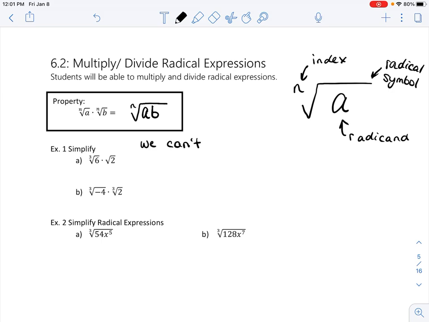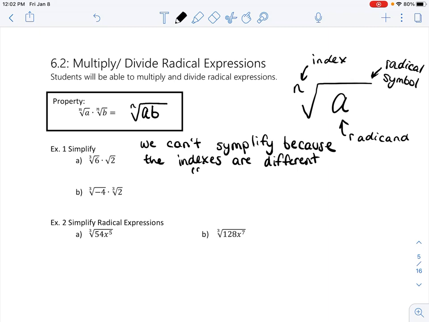So we can't simplify because the indexes are different. And I usually call those the roots. Those are different. Okay? This next one, though, we can, because the indexes are the same.